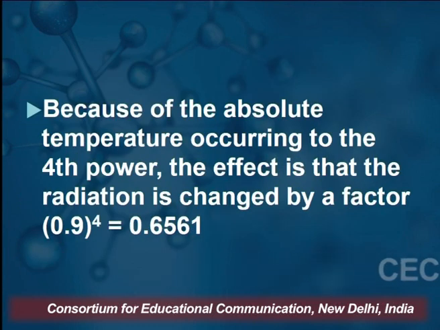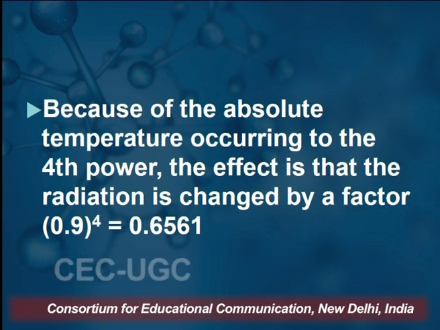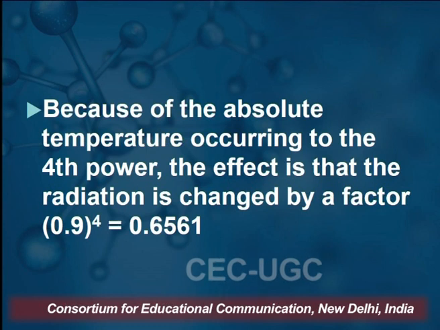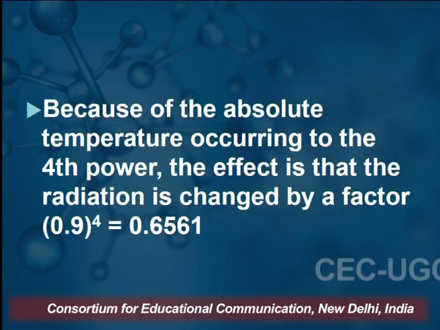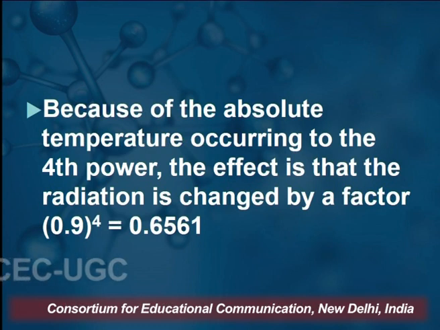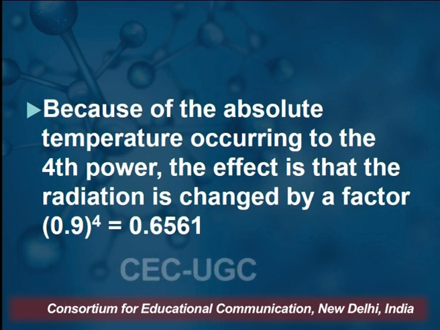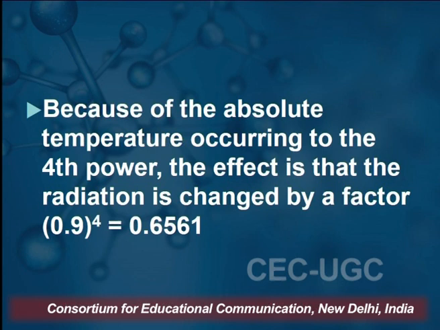This means since the absolute temperature is occurring in the fourth power, the effect on the radiation is also changed by a factor of 0.9 raised to the power 4, which is equal to 0.6561.